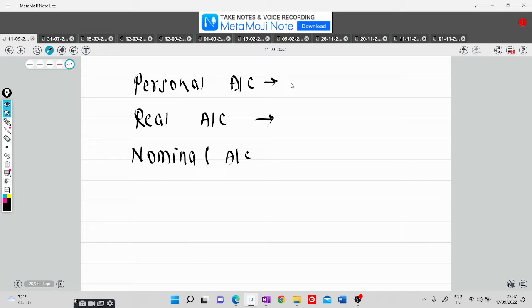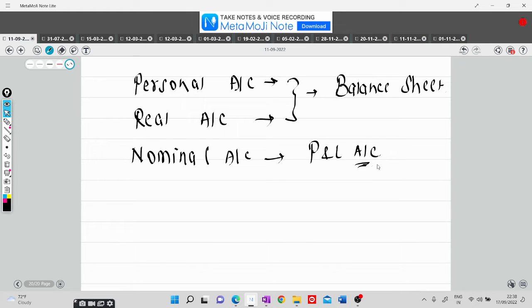So balances of personal accounts and real accounts will go to the balance sheet. We have to record them in the balance sheet. And balances of the nominal accounts, nominal account meaning income or gain, expenses and losses, will be recorded in the profit and loss account.